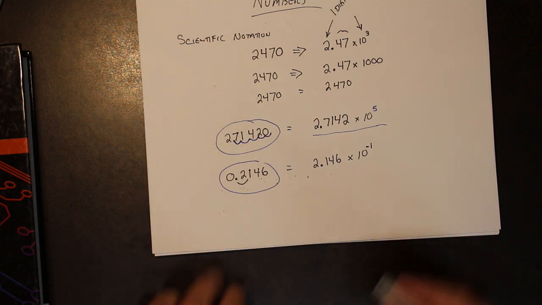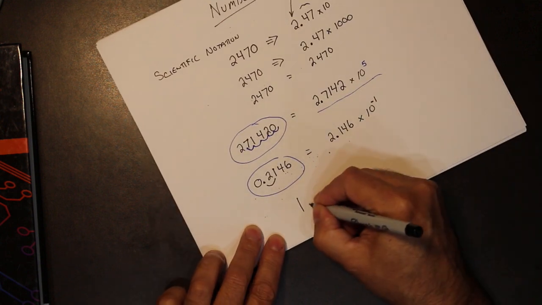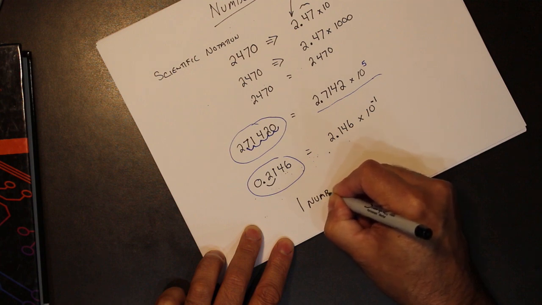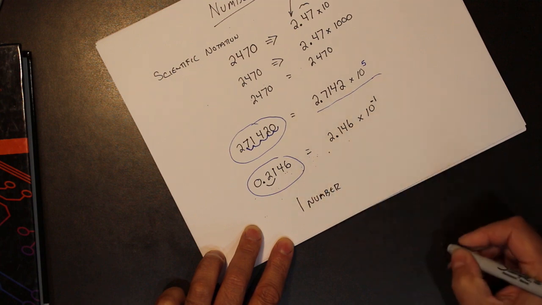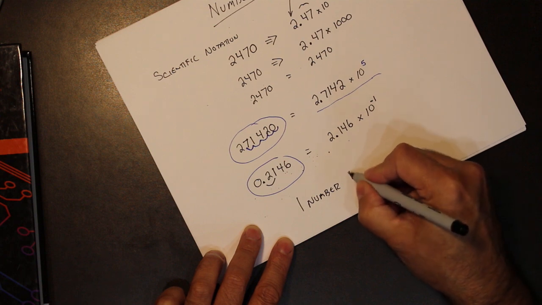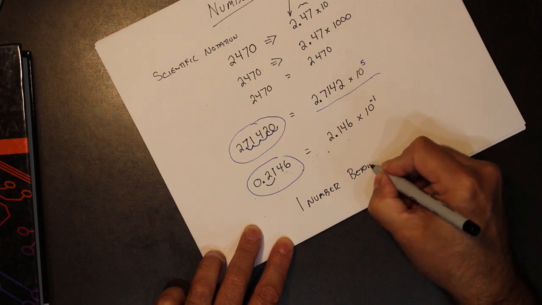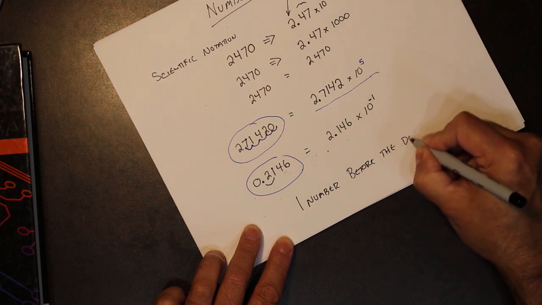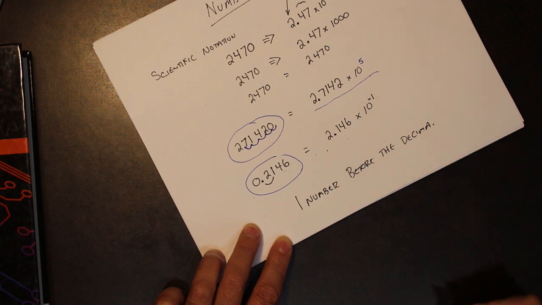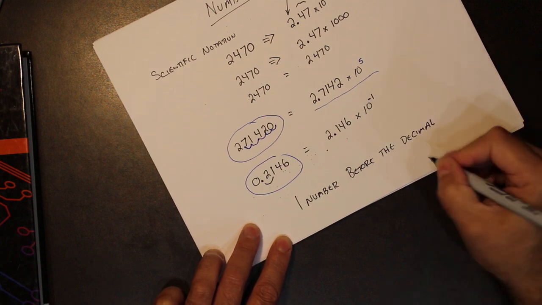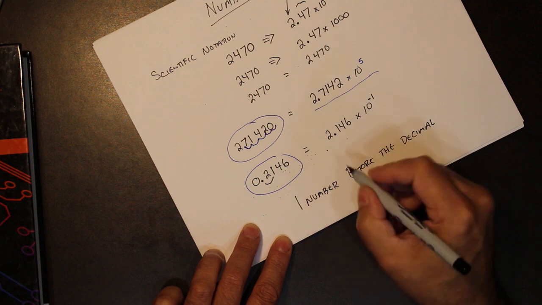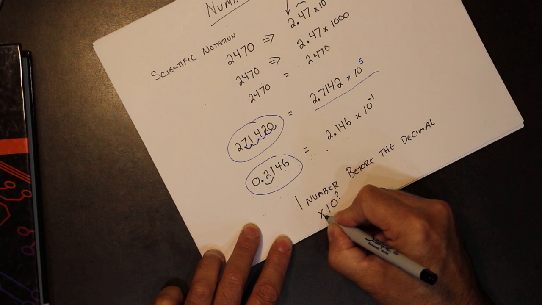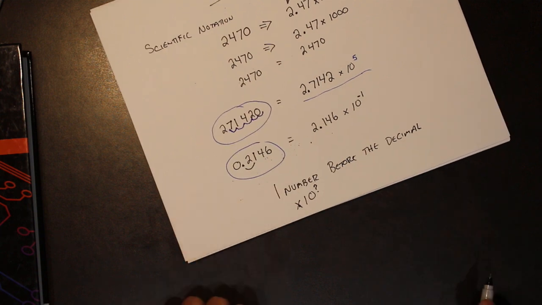And that form is one significant number before the decimal, and then use the times 10 to the whatever to express the rest of the number.